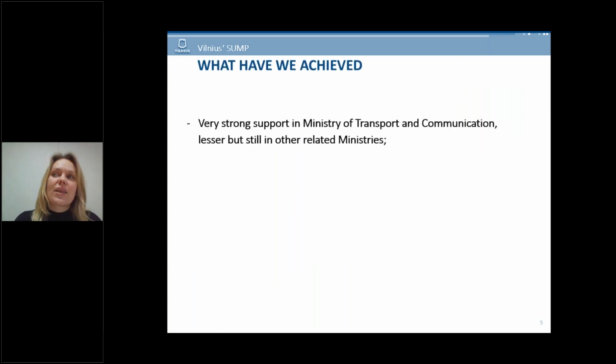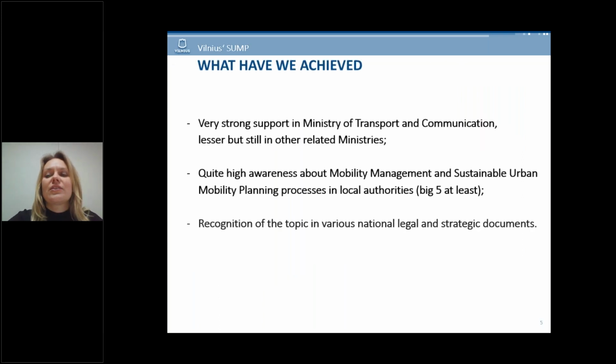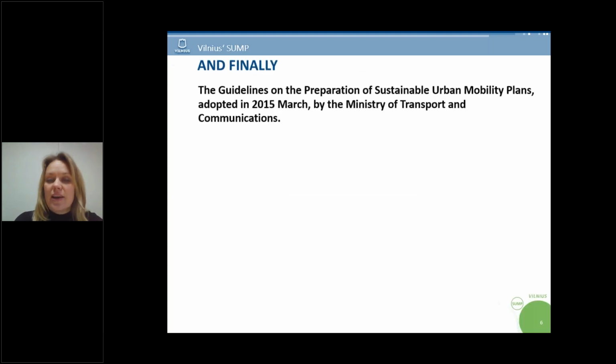As the result of those numerous awareness raising events, we finally achieved really strong support from the Ministry of Transport and Communication, and also from the Ministry of Environment, and maybe even the Ministry of Energy is quite aware of this discipline and the need and importance of planning mobility management. So this topic is already recognized in Lithuania.